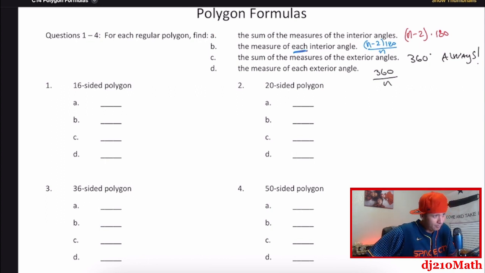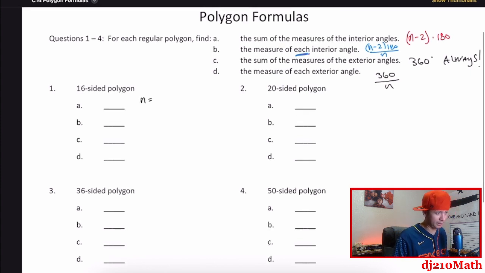Okay. 16-sided polygon. If you saw the lesson on how to do it, you would notice that if n equals 16, this is the exact same example that I had.